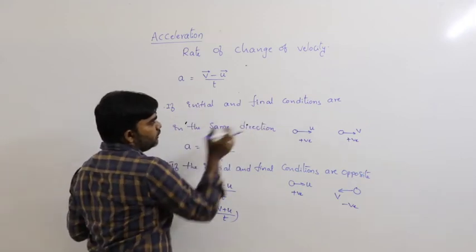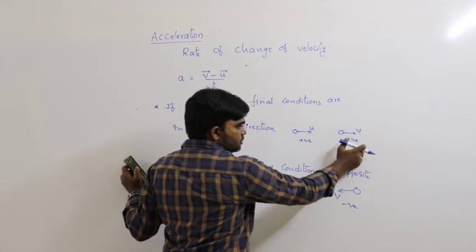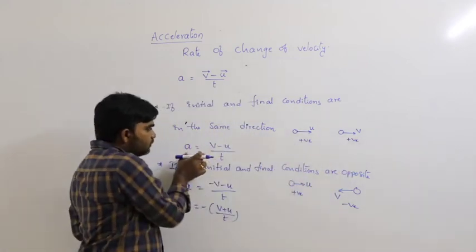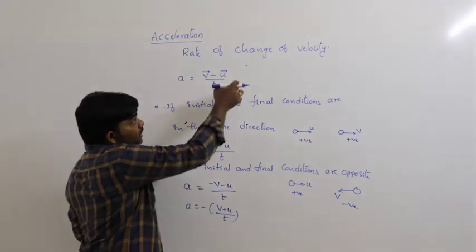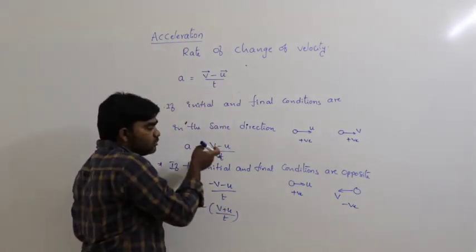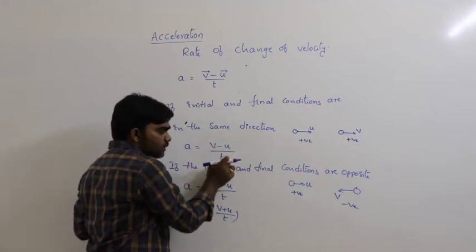So the initial and final conditions are in the same direction. This is the positive x direction, that's why this is positive, this is positive. But according to the definition of acceleration, rate of change of velocity, the change must always be written as final minus initial. That's why v minus u by t.